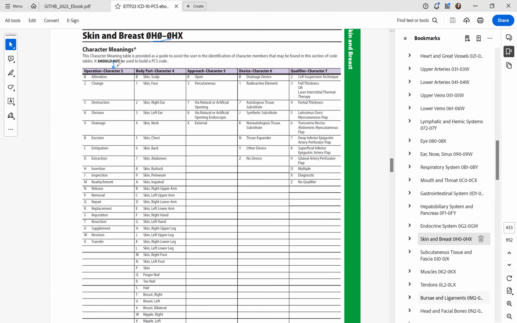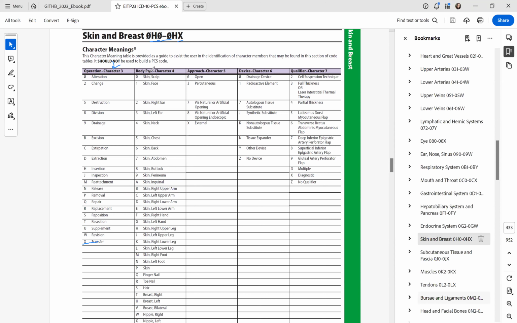That's the easy part. The next part is here. So with these 0H0, right, third character being 0, as is the case here, it's an alteration. If it's an X, as it is here, it's a transfer.